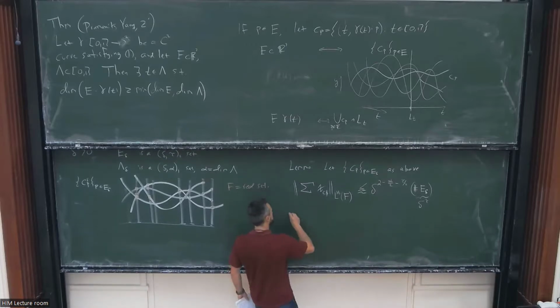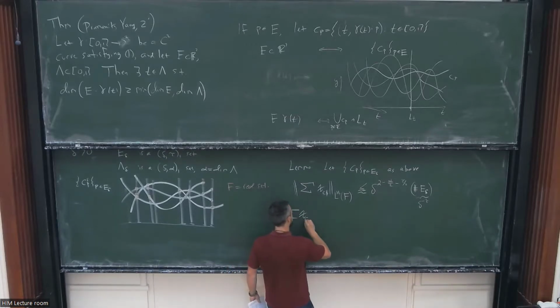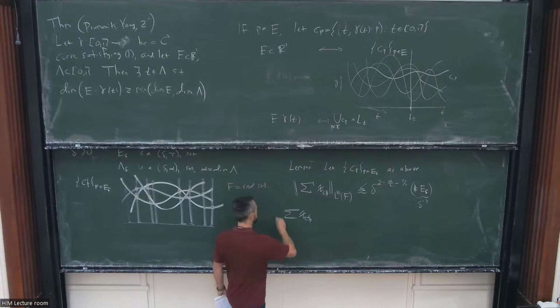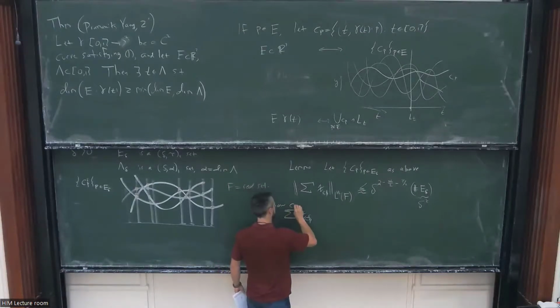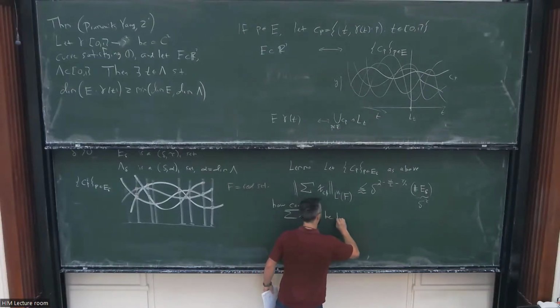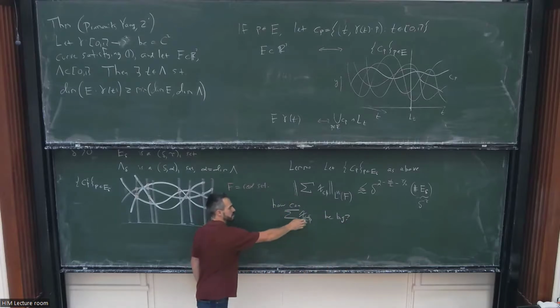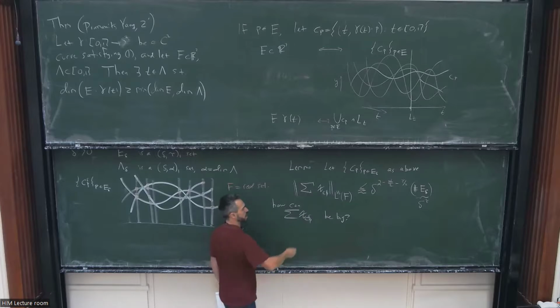Let's try to understand this sum of characteristic functions here. And we can ask, how can this be big?